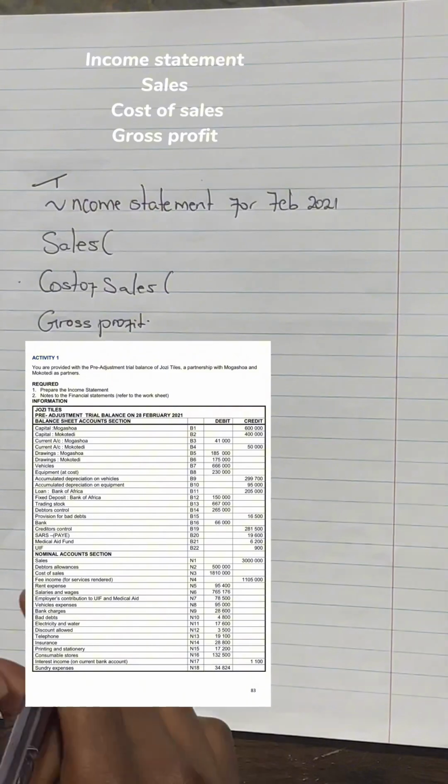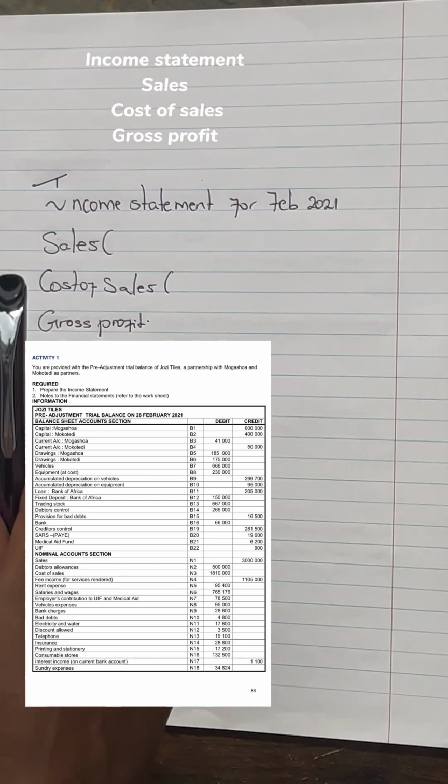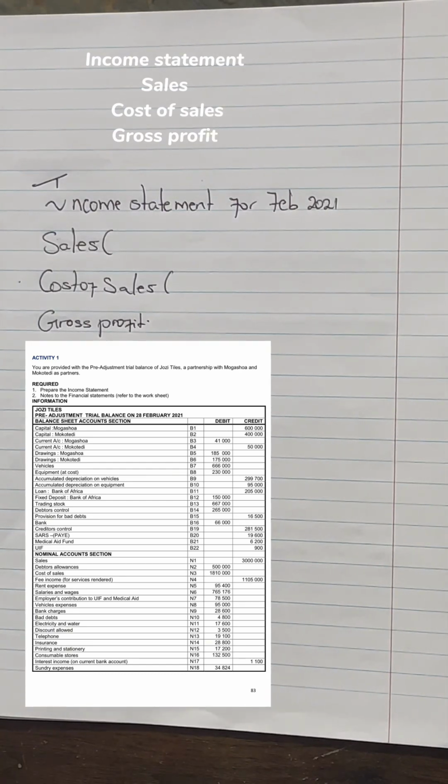So before we can start going through our transactions, we need to go to our trial balance. We need a trial balance in order to complete our sales as well as our cost of sales. Let's go to our trial balance and look at the opening amount of our sales.